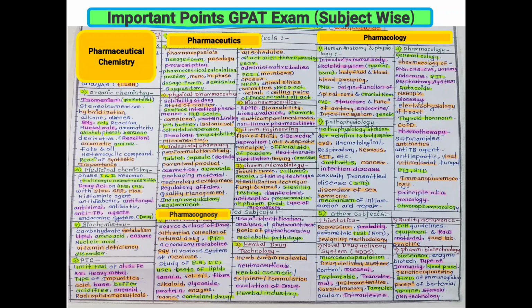Next major important subject, that is pharmacognosy. In that pharmacognosy subject you have to learn the drugs obtained from plant sources, various sources, class of drug, cultivation, collection, natural drugs.